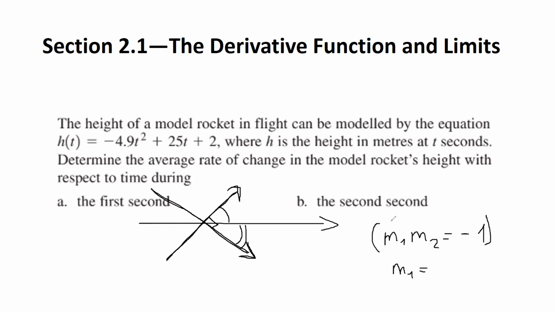This is so easy to remember because m1 times m2 equals -1. Then you can find m1 as -1 divided by m2. Let's say we found the rate of change at any given point, and it equals 5. So m1 equals 5, and this would be m2. Now to find it is a super simple task, right?